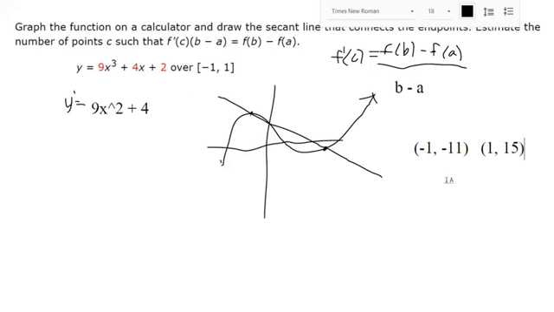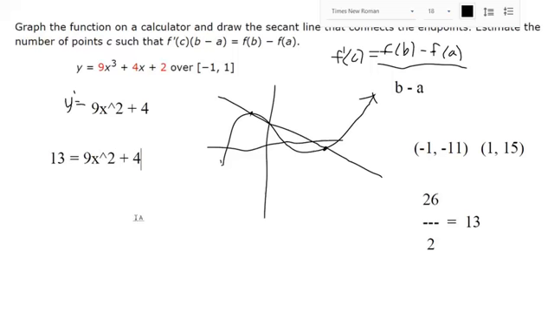And so the slope between those 2 points, you could do 15 minus -11, that makes 26. And then 1 minus -1 is 2. So that's 13. Slope is 13. And so what the mean value theorem says is that you're guaranteed to have 13 come up for a slope. In other words, 13 in for y prime at some point.